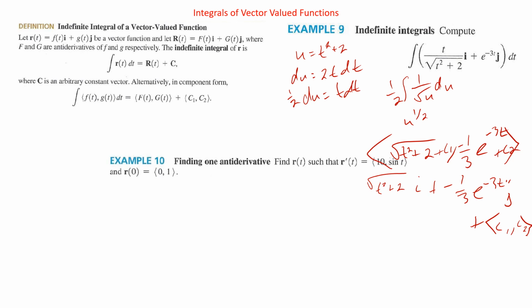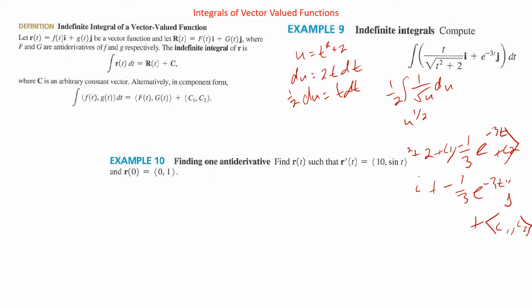Should have another one. So here, I'm going to have to erase just a little bit. I'll change color. So here, find one antiderivative. So here we get an initial condition. And so we're going to do the same thing. We have the antiderivative of 10, sine t.